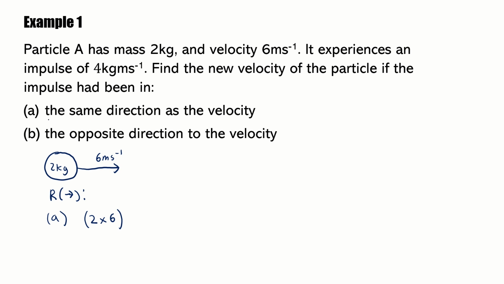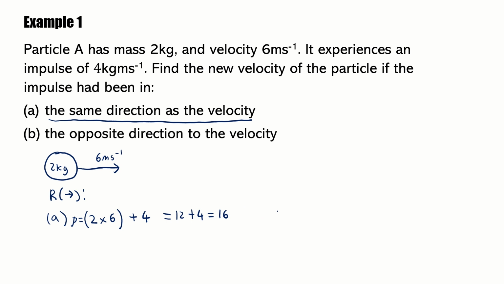If the impulse is going in the same direction as the velocity, as the velocity is in the positive direction, that means the change in momentum is also going in the positive direction, so I'm adding that change on. So doing that calculation means that we would then have a momentum of 12 plus 4, which is of course 16. That is, though, the momentum, and we want to work out the new velocity of the particle caused by this impulse.